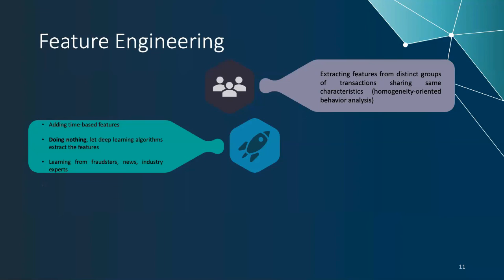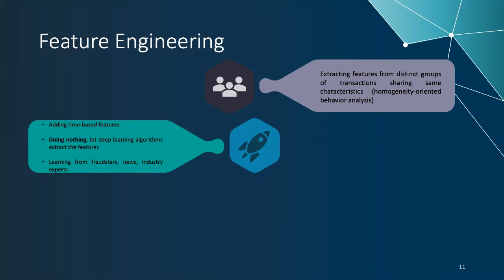They prefer not to do anything because they claim that deep learning algorithms already extract the features themselves, and we don't need to waste time with feature engineering, and we need to focus on the actual algorithm part. So doing nothing could be a choice here.